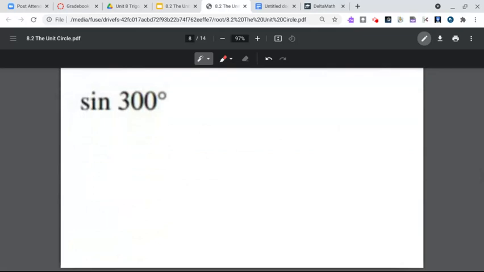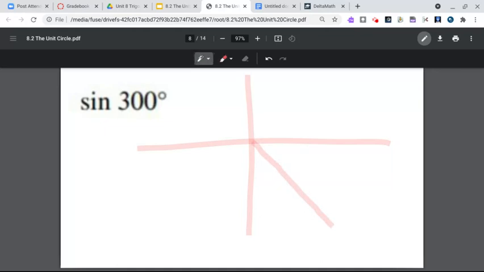Sine 300 degrees. 300 degrees is in quadrant 4, okay? So what I do in my head is I think of the quadrants. Quadrant 4, 300 degrees is closest to the y-axis.